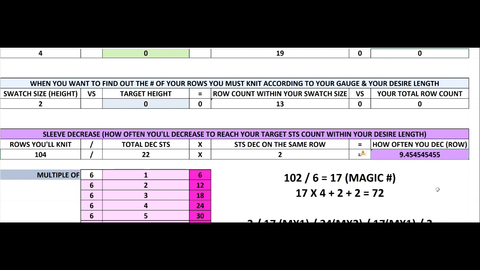And then the next is 9 rows from the 19th row, so the 28th row. You know what I'm saying? So alternate 9, 10, 9, 10. Then a total of 11 times, which is 22 stitches decreased.